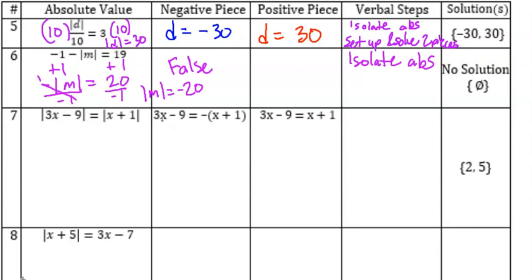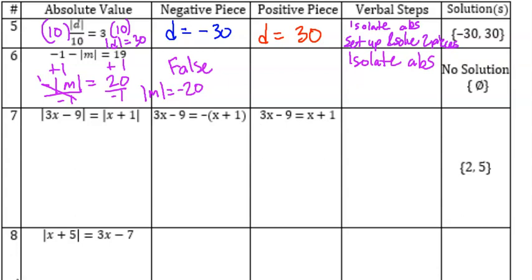The negative piece would be 3x minus 9 equals negative parentheses x plus 1. You're basically going to multiply the entire right side of the equation by negative 1, not just the first term, but the whole thing. For the positive piece, we just take away the absolute value signs. 3x minus 9 equals x plus 1.